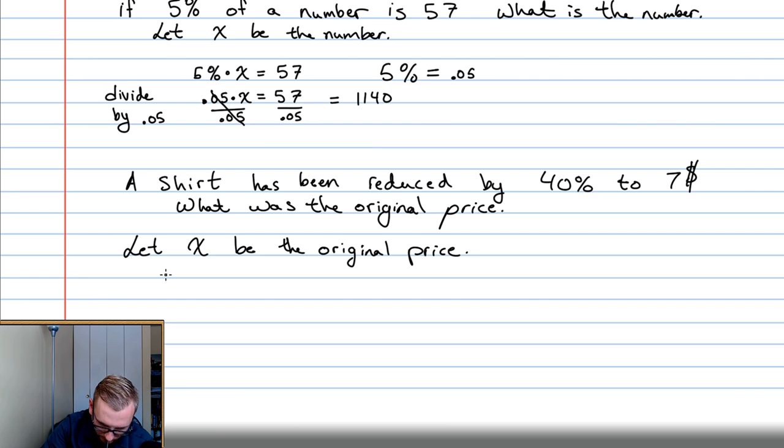How would we say this for someone that doesn't quite understand? The original price, x, times something gives us $7.